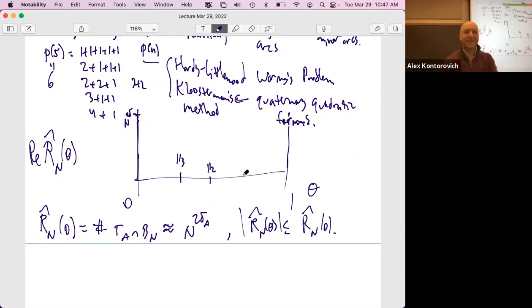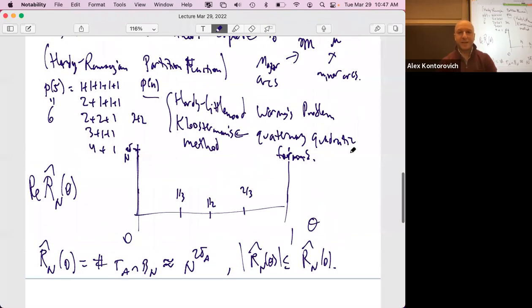So for numbers, what they observed is that the major arcs will be thetas that can be written as A over Q plus beta with Q small and beta small. So small approximations to rational numbers with small denominators.